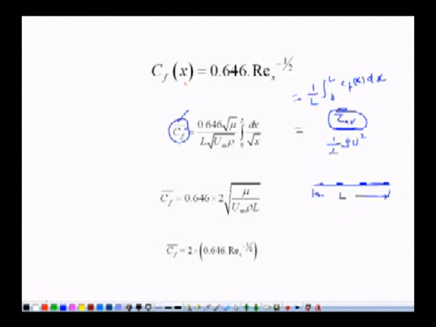So substitute the value of Cfx in this equation and then integrate it, we will get this value. Cf bar, the average skin friction coefficient, is equal to twice of 0.646 ReL raised to half. If we compare with this, Cfx is equal to 0.646 Rex raised to half. Here we have 0.646 ReL raised to half. It means that this is the local skin friction at the trailing edge at this point.